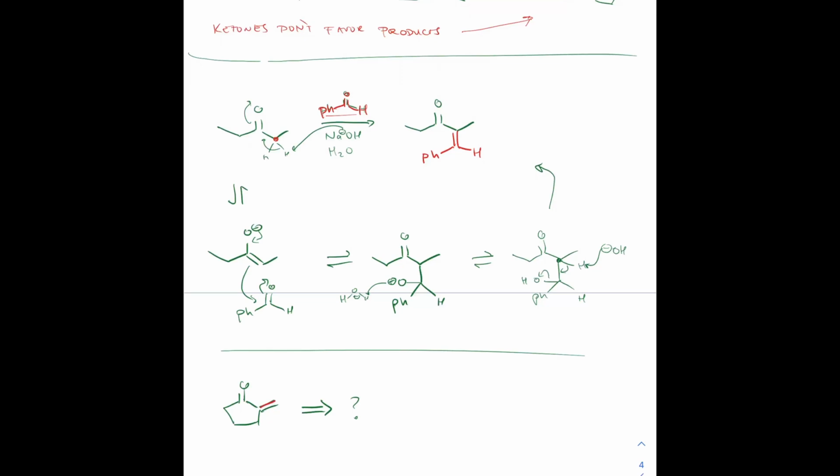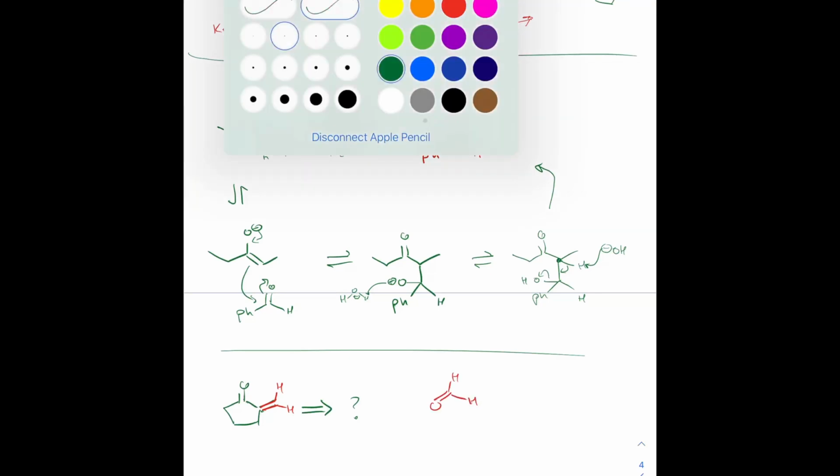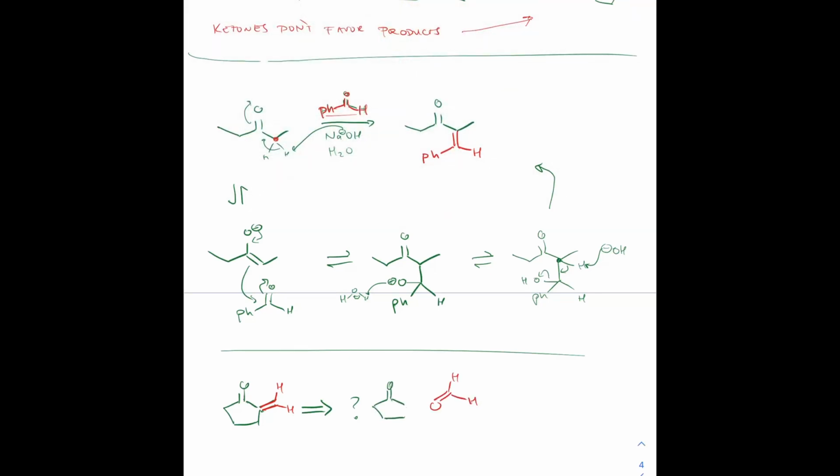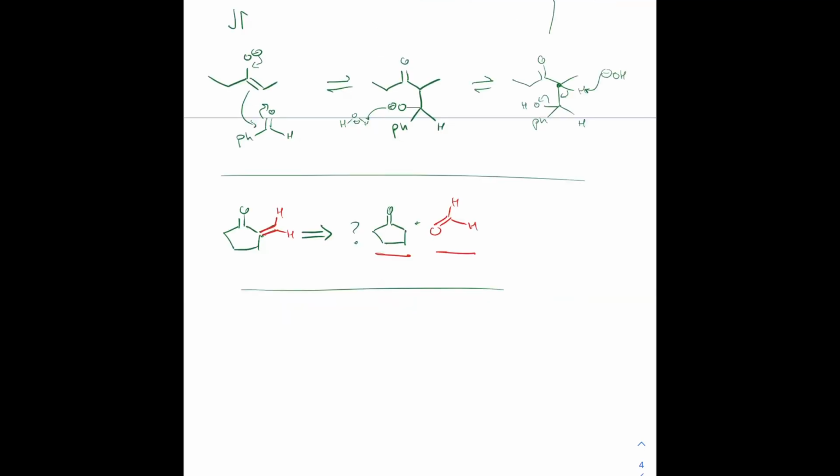So what I've drawn in red is now going to be the carbonyl, and that's formaldehyde, and the rest of it drawn in green is just going to be the ketone starting material. So there you go, formaldehyde and cyclopentanone as the starting materials.